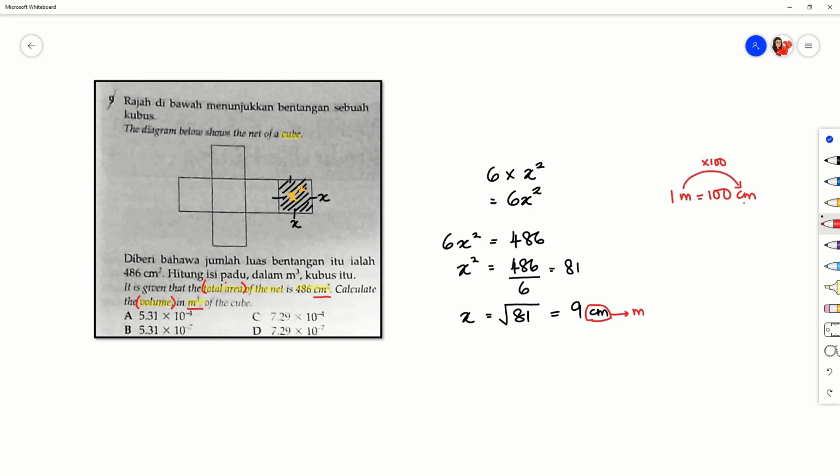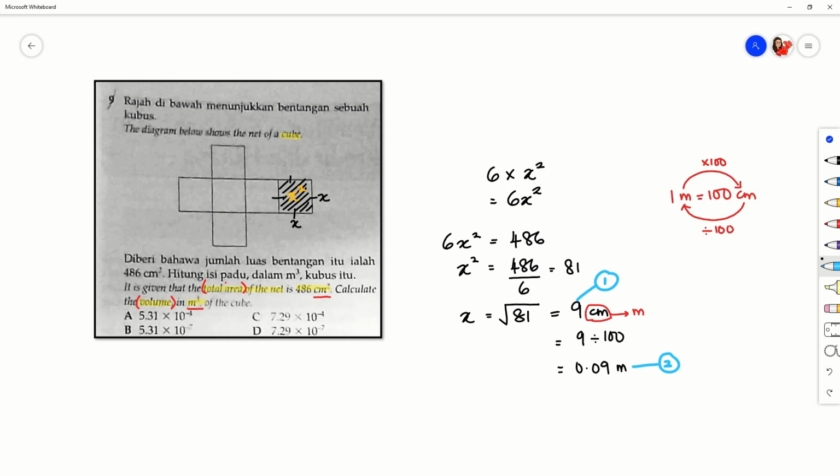But if I want to do the other way around, centimeters to meters, I would have to divide by 100. So I'm going to take the 9 and divide by 100 to convert it to meters, and that would give me 0.09 meters. So this is your first job, to find the side of one square. This is your second job, to convert it to meters.